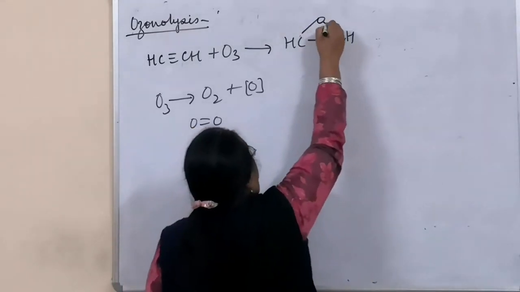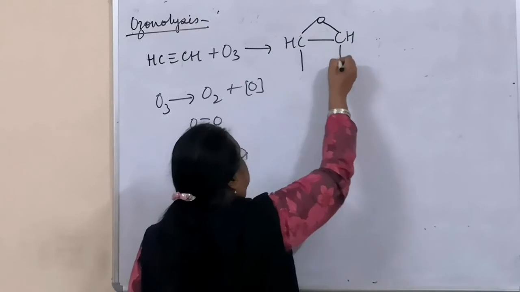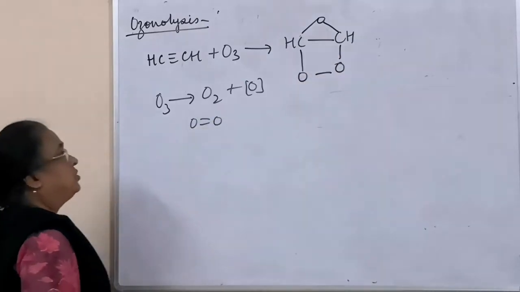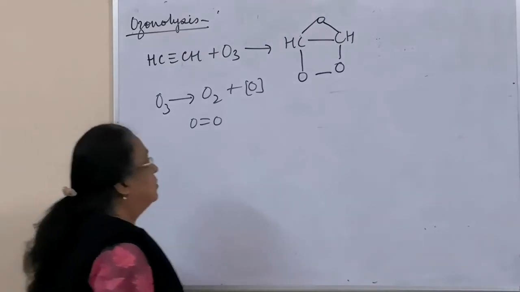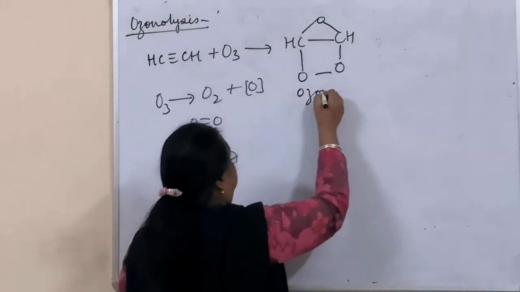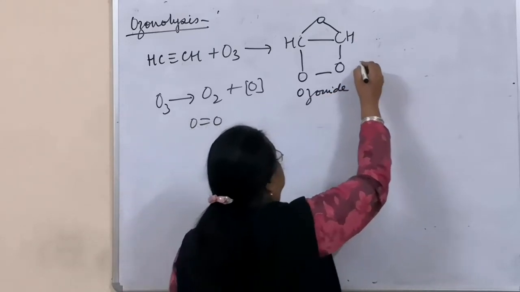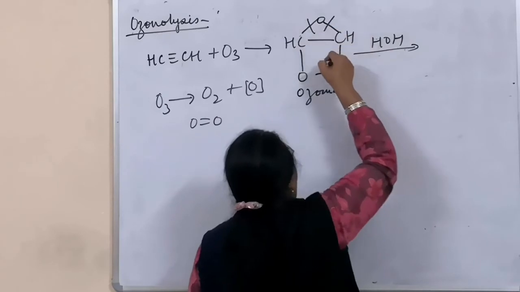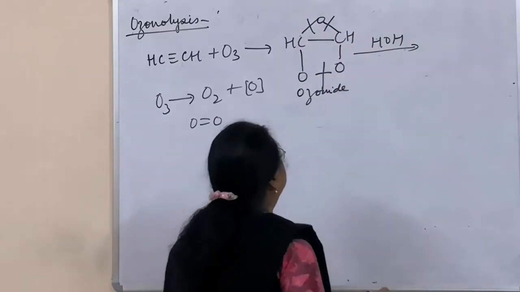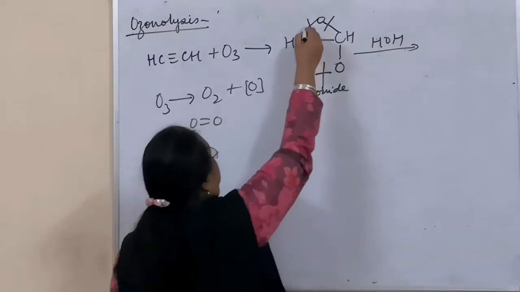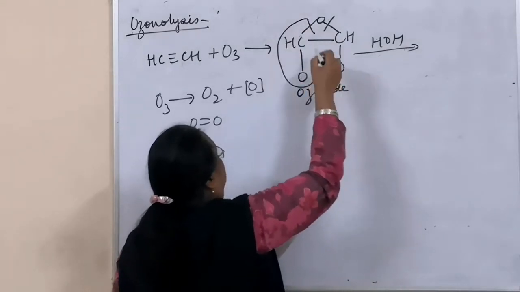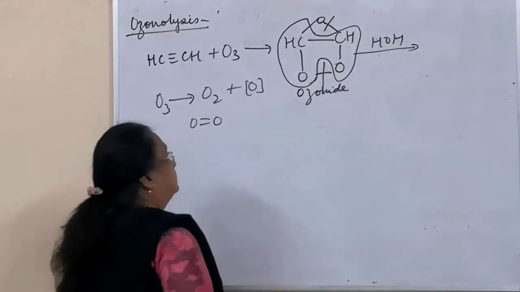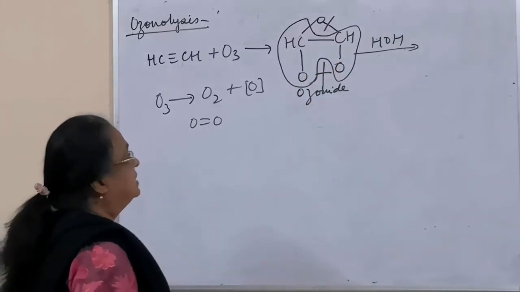A single oxygen will be commonly linked with both carbons, and these oxygens will be linked to each of the carbon atoms. The compound is called ozonide, and this is hydrolyzed, you know, and the bond will split like this from 3 places. So here we will have one piece this, and one piece this and this oxygen.